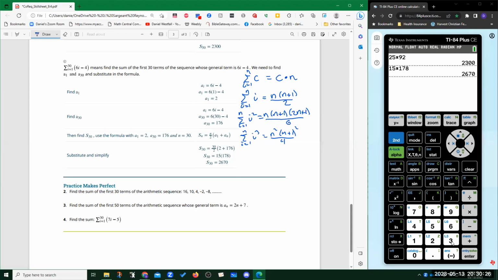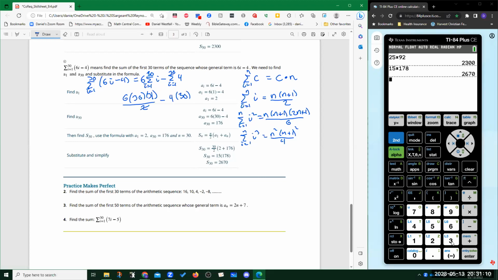So I'm going to take a slightly different tack on this one and say that the sum from i equals 1 to 30 of 6i minus 4 is going to be 6 times the sum of i from 1 to 30, minus the sum from 1 to 30 of 4. So this is 6 times 30 times 31 over 2 minus 4 times 30.